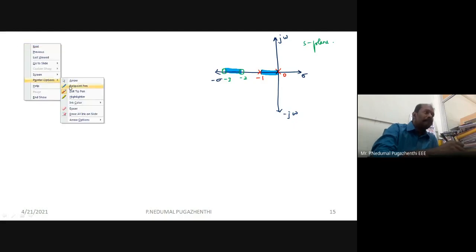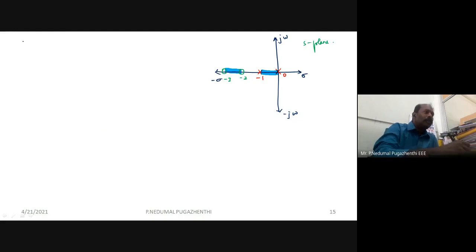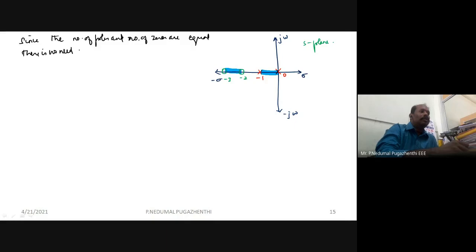Now, since the number of poles and the number of zeros are equal, there is no need for asymptotes and centroid, because n minus m is equal to 0, which will provide me theta as infinite. So I cannot go for the centroid.